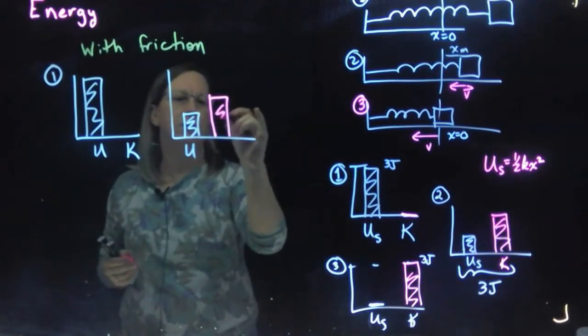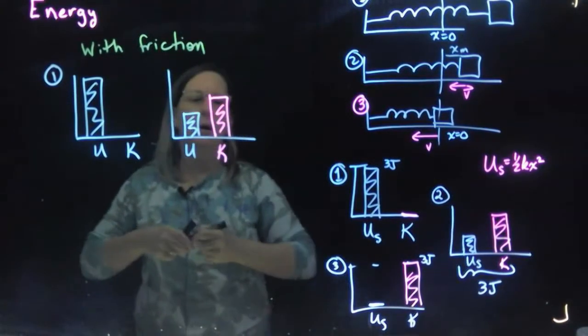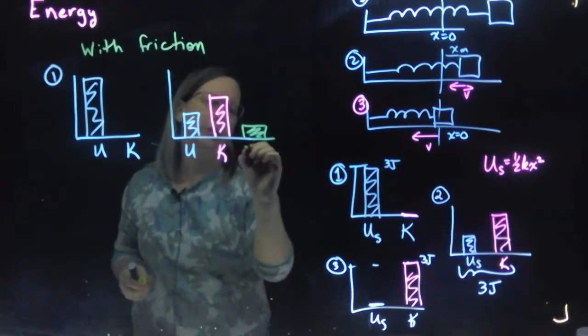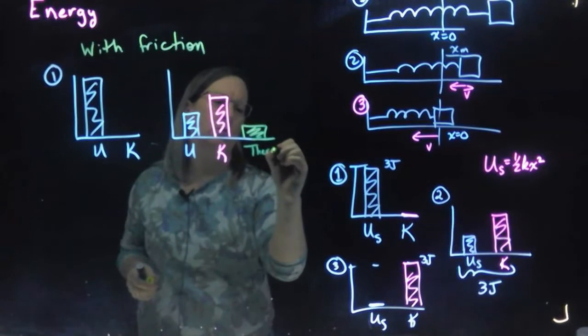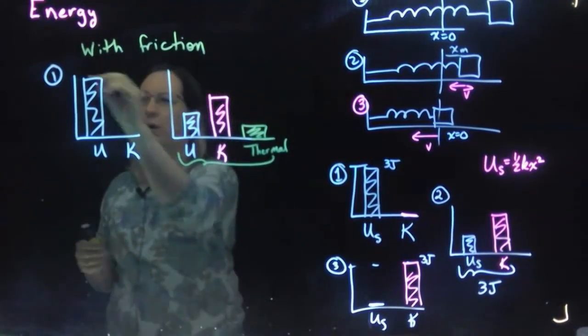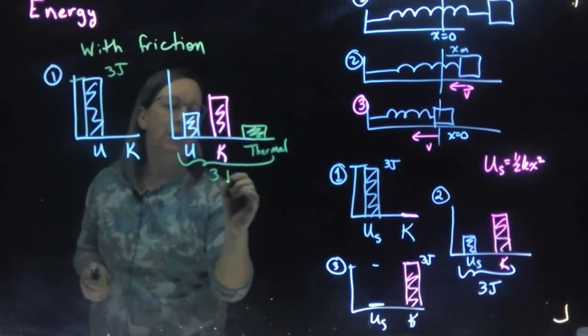Like this is our K, and then we have a little bit of energy that's gone into thermal energy. So this is thermal, and altogether these 3 now add up to whatever we had. So if we had 3 joules, this is still equal to 3 joules.